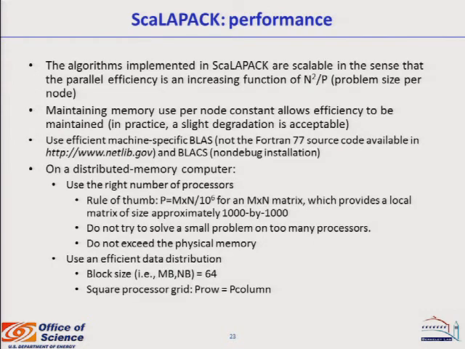In terms of performance, if you have an application, what you don't want to do is distribute your data and try to solve your problem using lots of cores or lots of processes with very small matrices distributed among them.